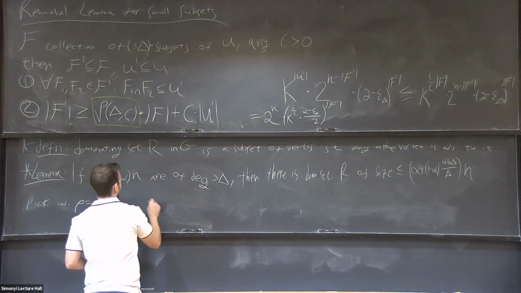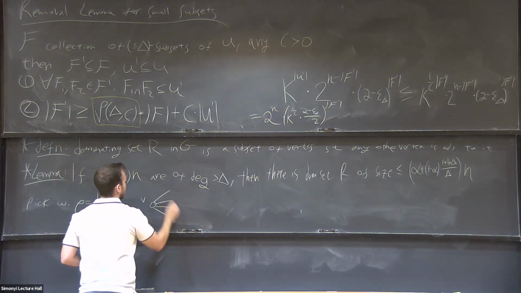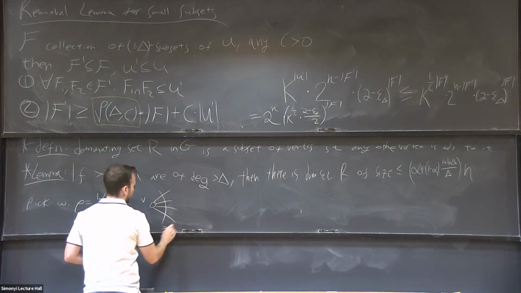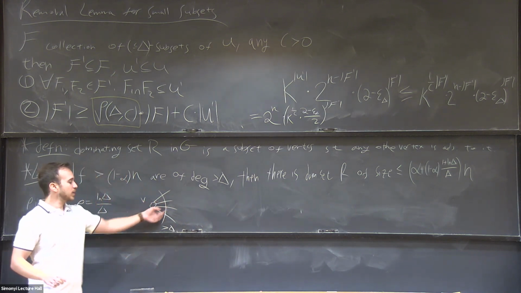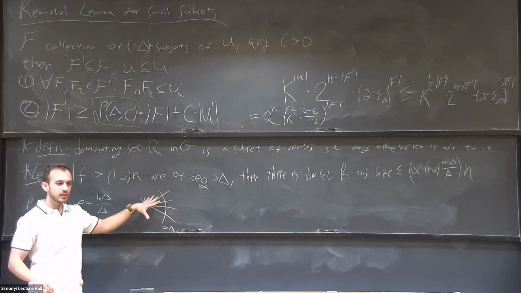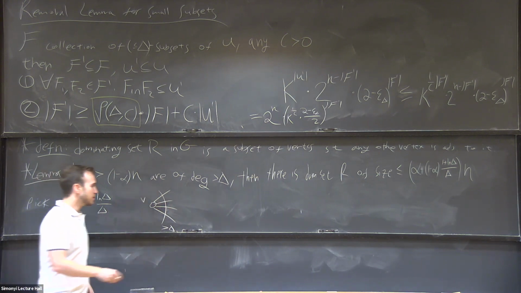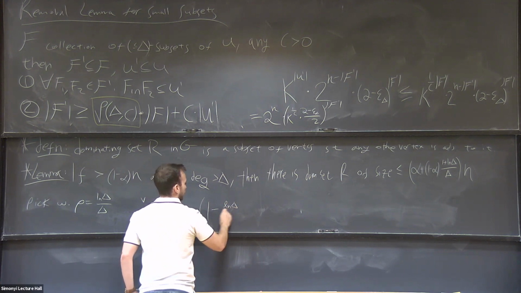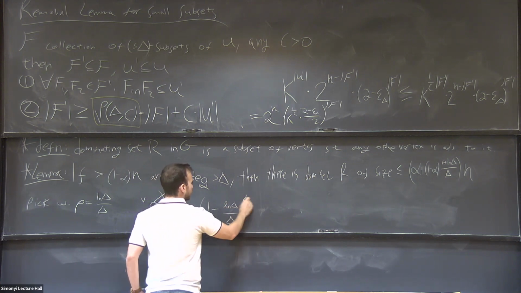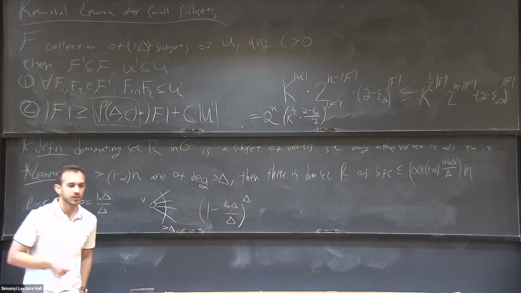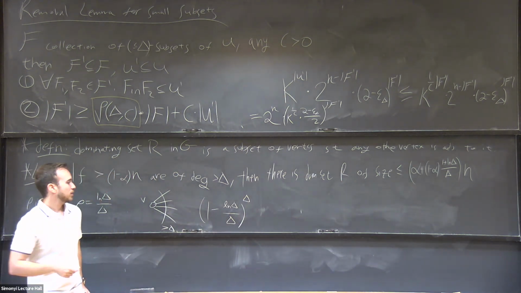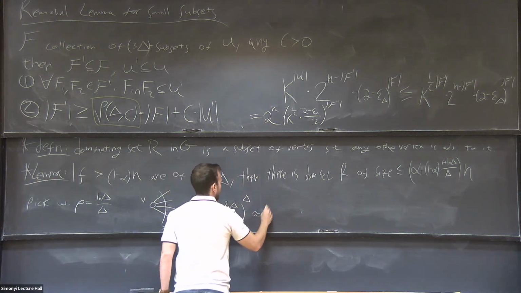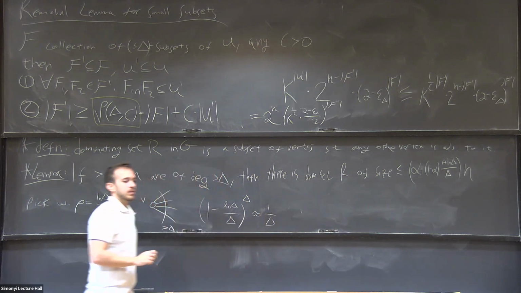If I have some vertex of high degree, at least delta, then what is the probability that I missed everything, that I didn't hit any of these? It will be something like 1 minus this probability to the power of the number of neighbors, and this is roughly 1 over delta.